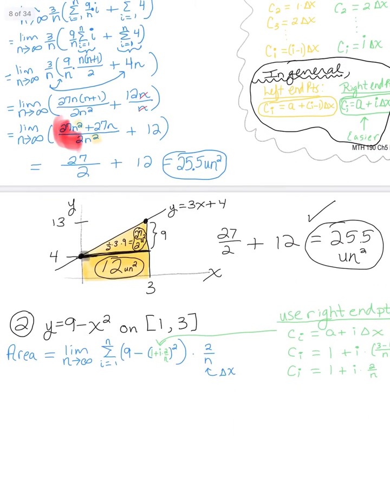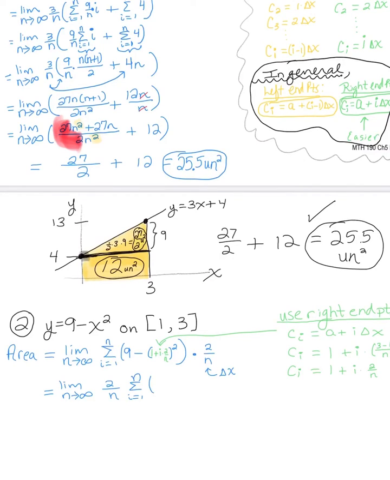All right, so let's see what we can do with this. So again, I choose to bring my 2 over n in front of this entire sum because it does not have an index of i in it. So it can be treated like a constant brought in front of the sum, not in front of the limit.